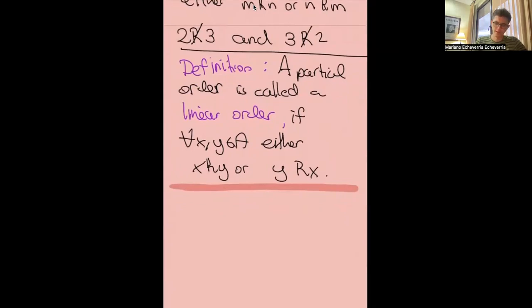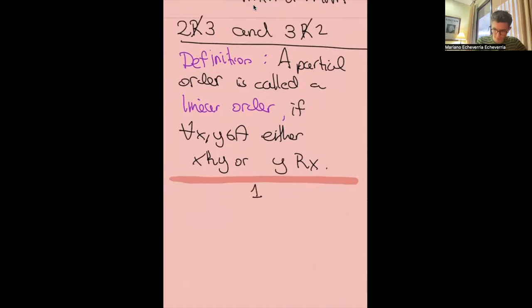So for example, you can say, well, 1 divides 2, right? 1 divides 3, for example. Let me put them vertically, maybe. Let's put 1 at the bottom.